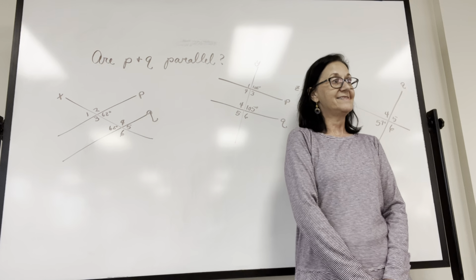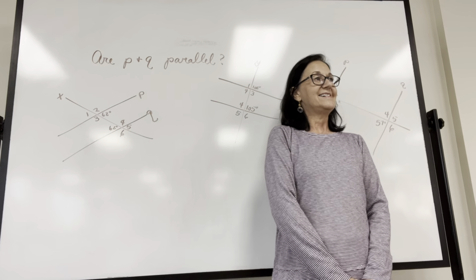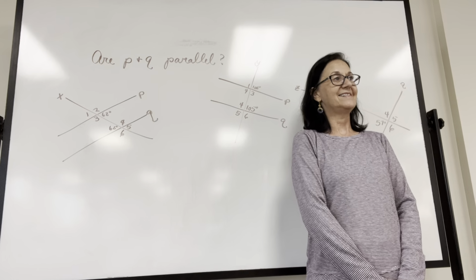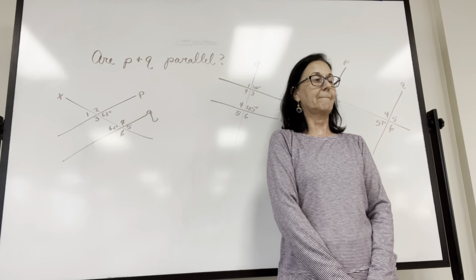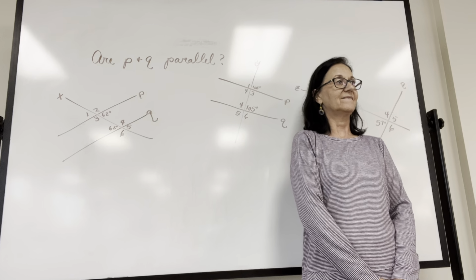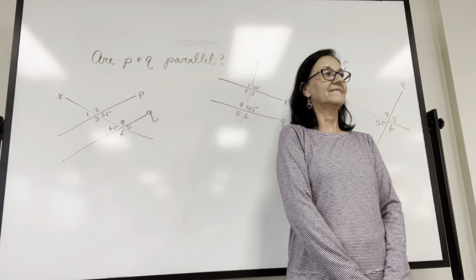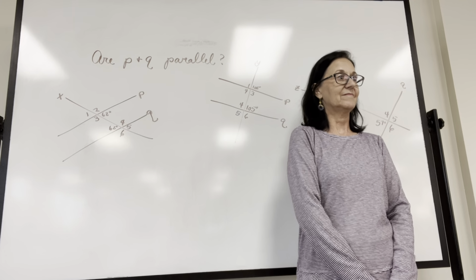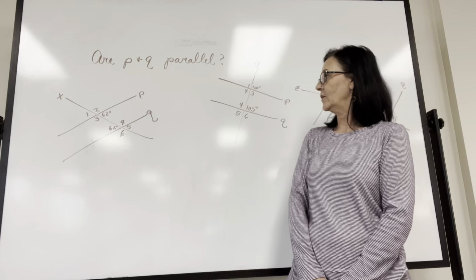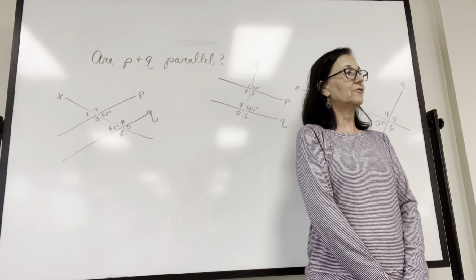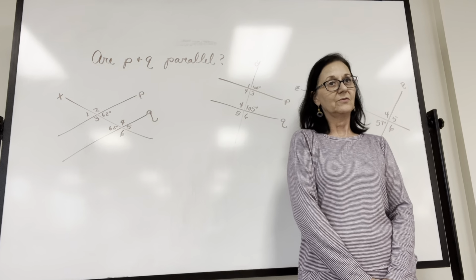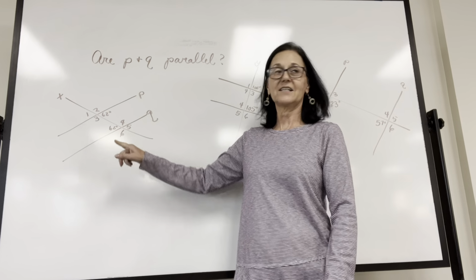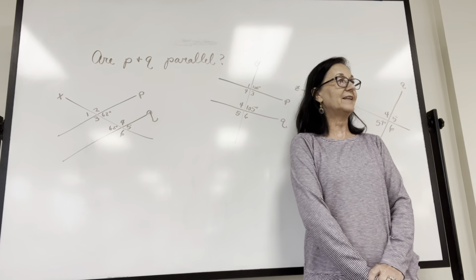Oh, well, I was thinking about what you said, vocabulary, and I don't really have geometry vocabulary. But I was just going to say 180 minus 62 is 118, and angle 3 should be equal to angle 6 for them to be parallel.